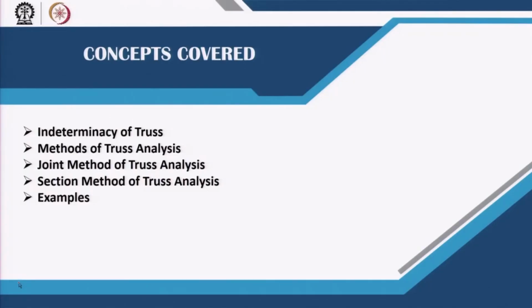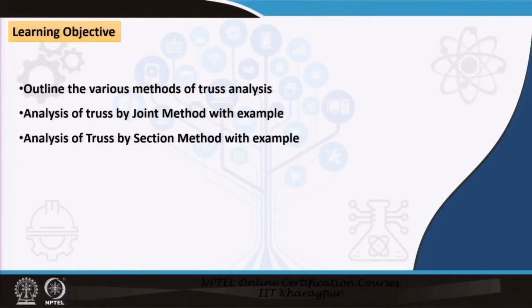In this particular lecture we are first going to discuss the indeterminacy of the truss, and then we will analyze the truss. We will see the two typical types of analysis method of the truss: one is called the joint method and the other is the section method, and we will try to understand this with some examples.